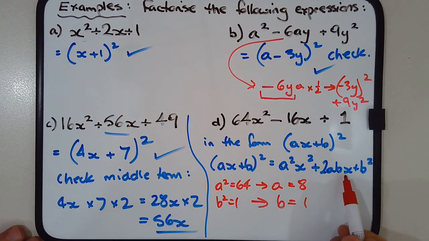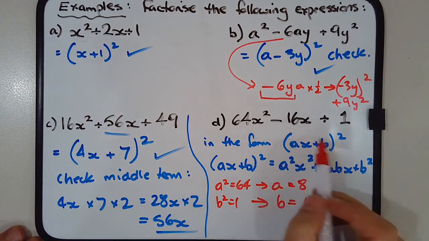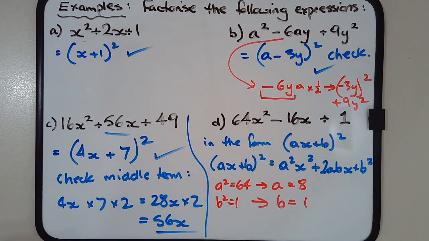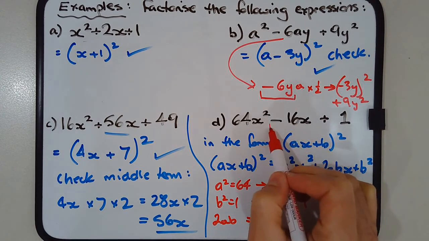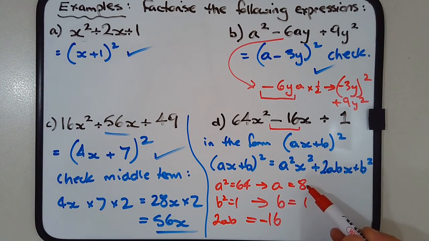So 2ab, does that give us negative 16? This is where we've got to be very careful. 2ab, we want that to equal negative 16. This is the coefficient here. So we have a is equal to 8, b is equal to 1. So 8 times 1 is 8, times 2 is positive 16.